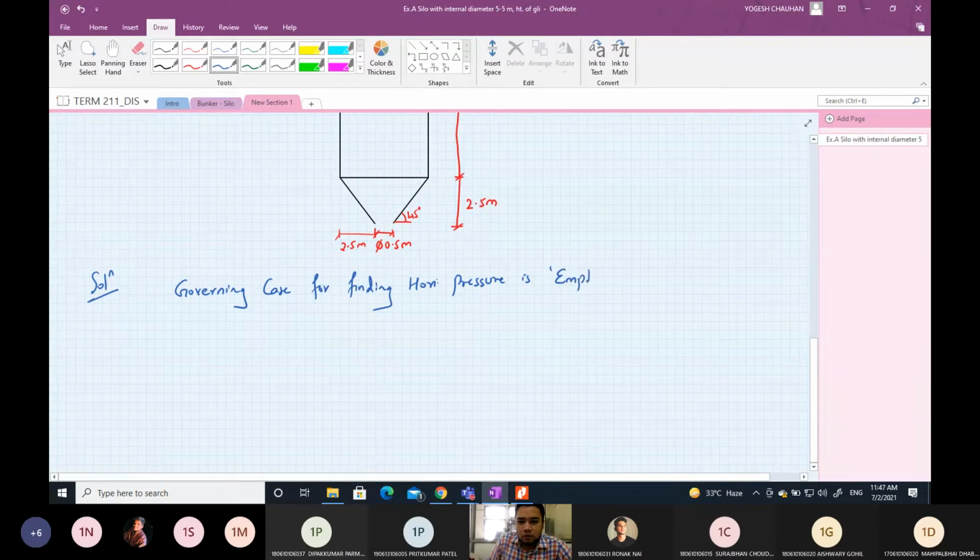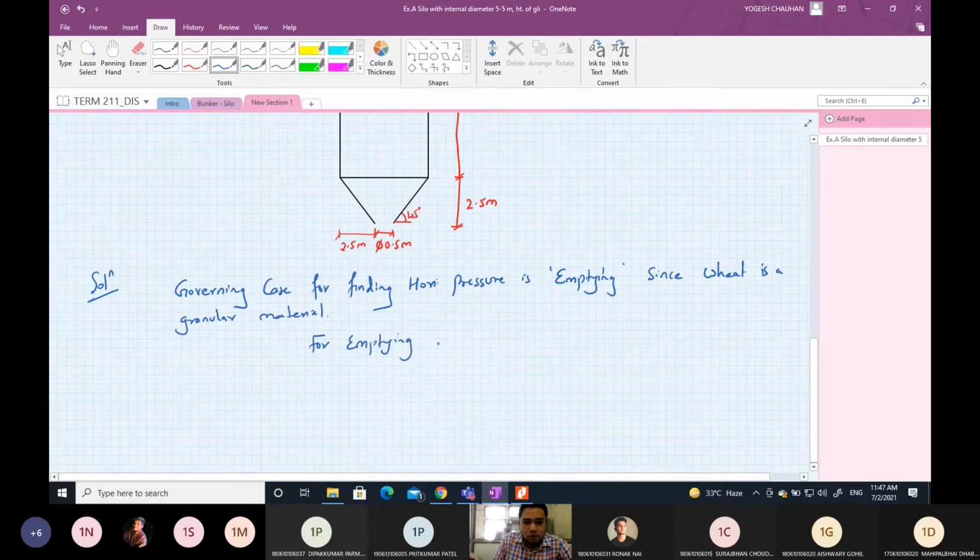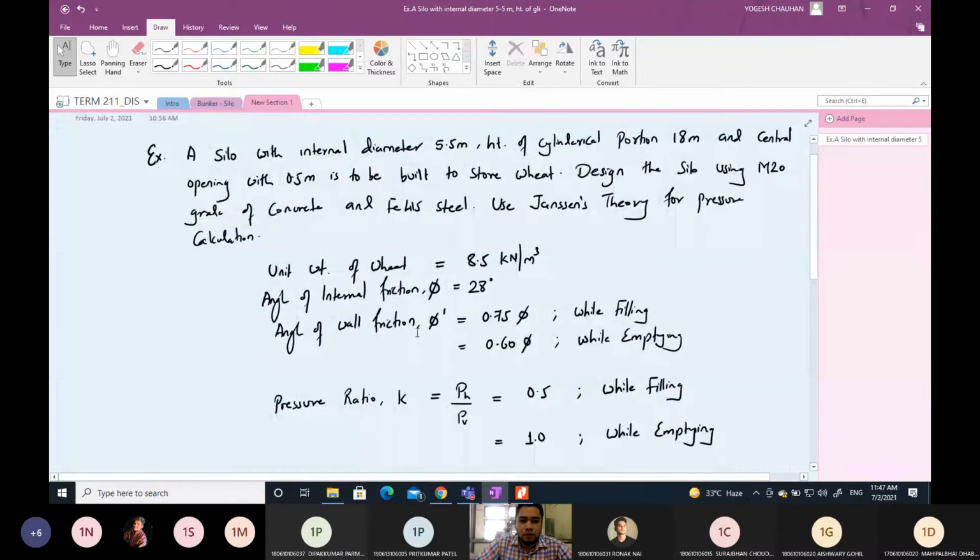Since wheat is a granular material, for the emptying case we have angle of wall friction as 0.6 phi, and pressure ratio is 1.